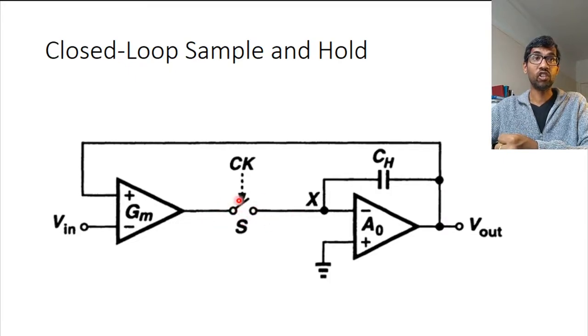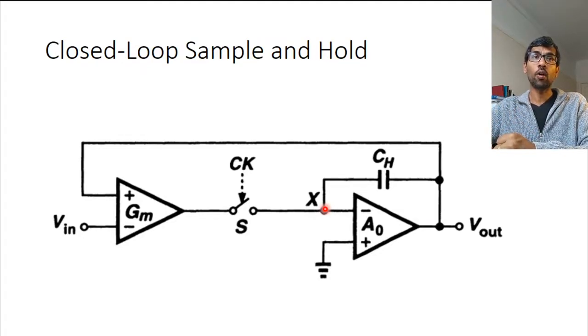Now, this charge here does not affect this capacitance because the voltage here is still maintained at ground. So the pedestal error is therefore removed in the closed loop sample and hold circuit. So that is one of the advantages of a closed loop sample and hold circuit.